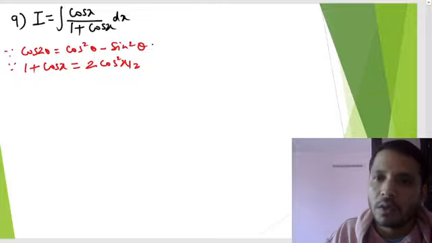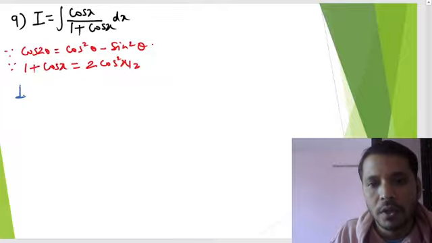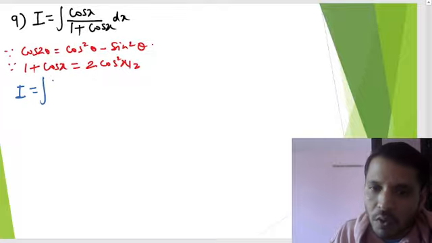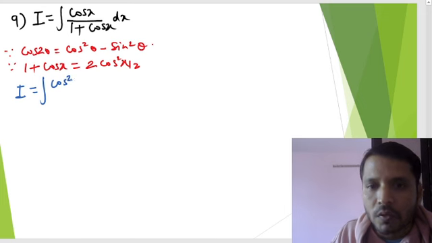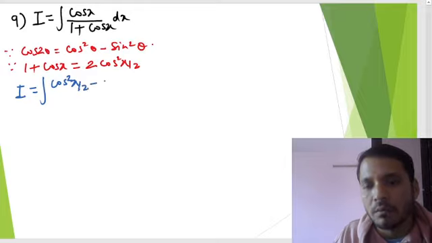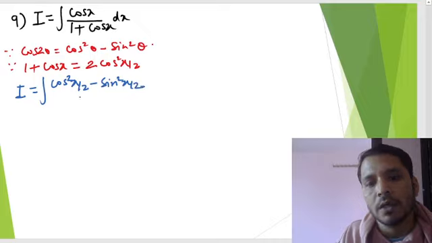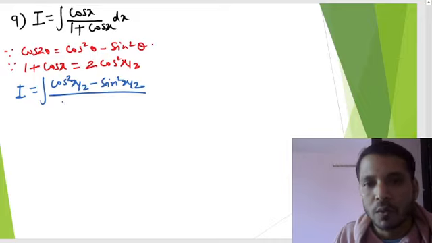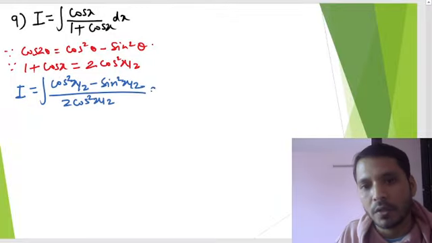According to this formula, I will become equal to the integral of (cos square x by 2 minus sin square x by 2) divided by 1 plus cos x, which means 2 cos square x by 2, into dx.